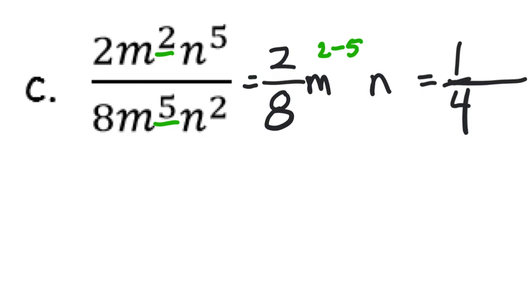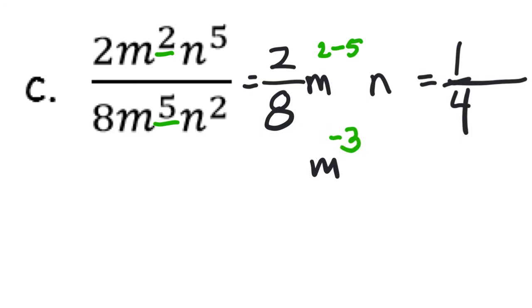Now, do remember that the order of the exponents does matter when you're subtracting, because with subtraction, order matters. There's no commutative property of subtraction. So that would end up being m to the power of negative 3. And while we haven't seen negative exponents yet, we will eventually in more detail.